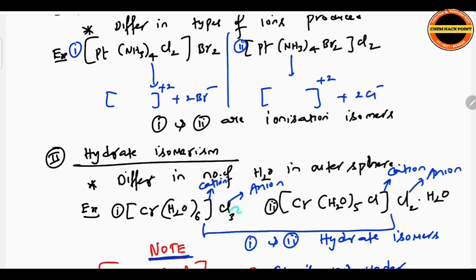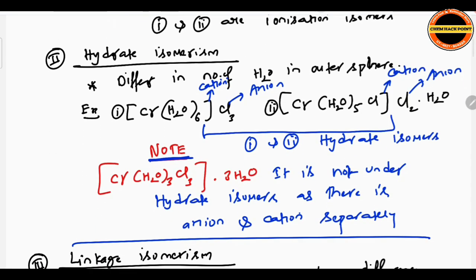In compound 1 there is no water molecule in the outer sphere, but in compound 2 there is a water molecule in the outer sphere. The molecular formula is the same. So compounds with the same molecular formula that differ in the number of water molecules in the outer sphere are known as hydrate isomers. Here 1 and 2 are hydrate isomers.